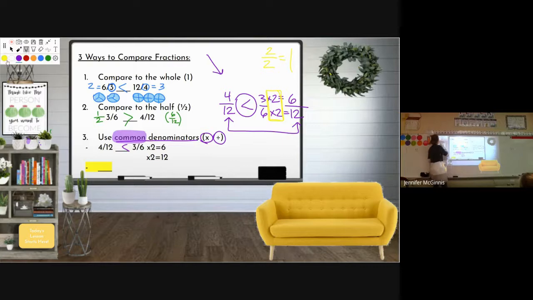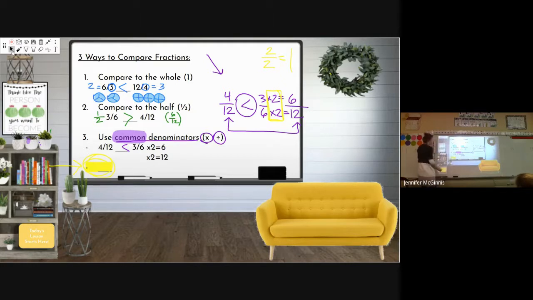Notice here, I have this big yellow blank spot. That's because in our strategies for comparing fractions, we are going to add something in this area. We're going to add to the common denominator story.